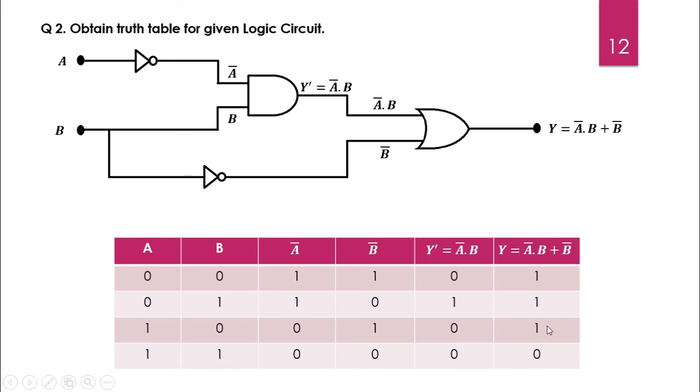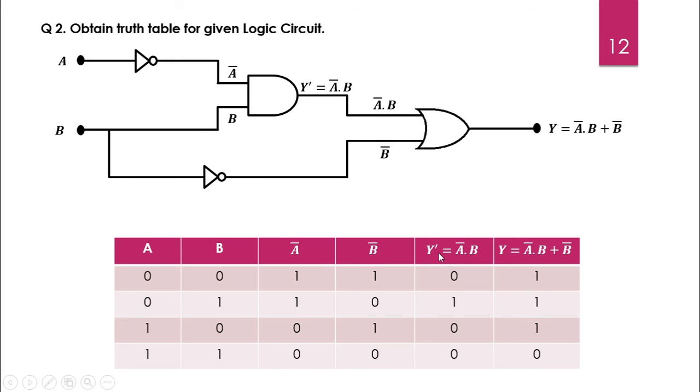Following is the truth table for the given logic circuit. A and B are the two inputs, that is 0 0, 0 1, 1 0, 1 1. First we calculate A complement and B complement. As we know, A complement is 1 1 0 0 and B complement is 1 0 1 0.